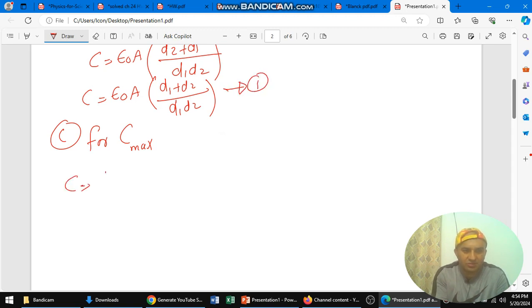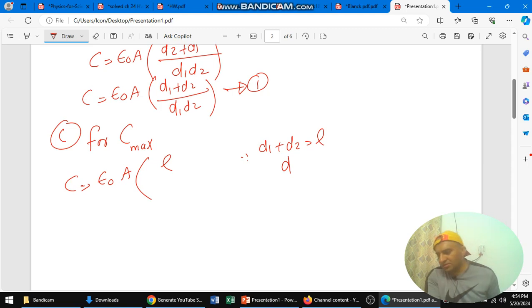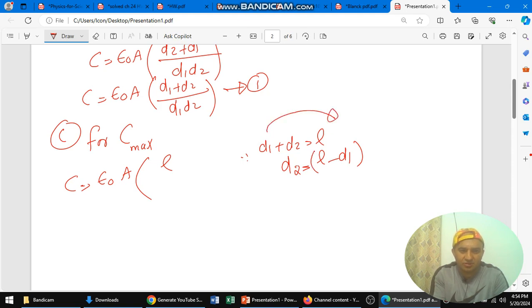Suppose that D1 plus D2 is the total length L, so that D2 is equal to L minus D1. We just modify this equation, and this is the modified equation, equation number 2.